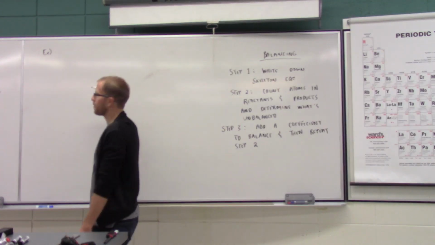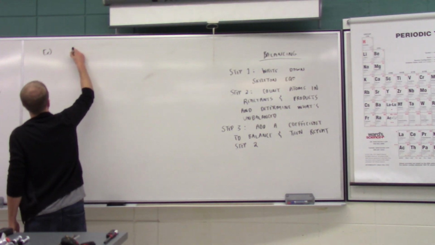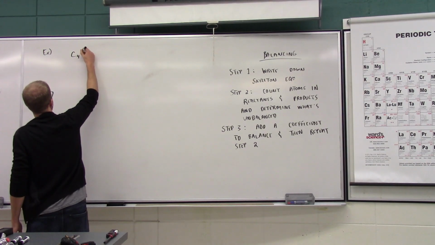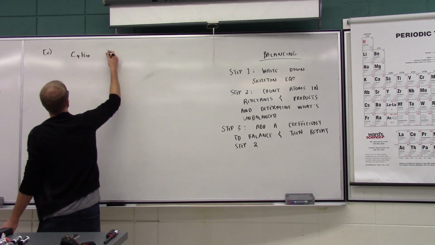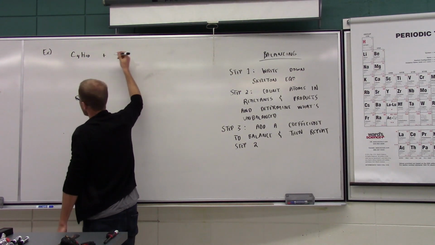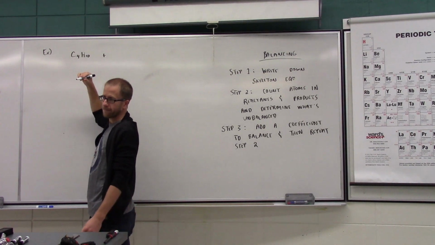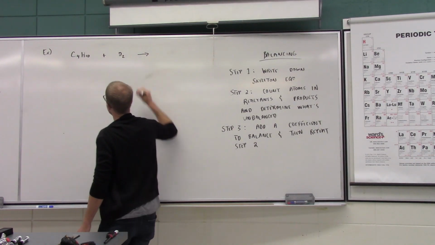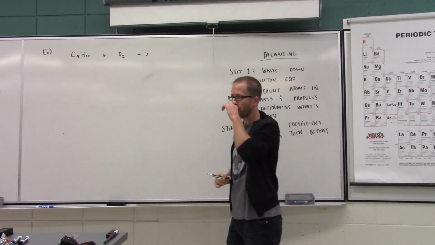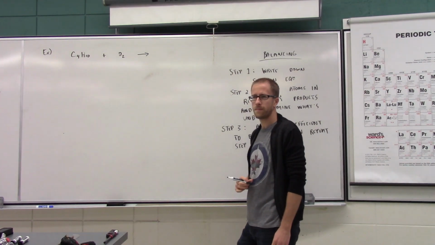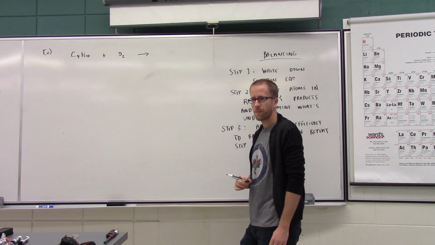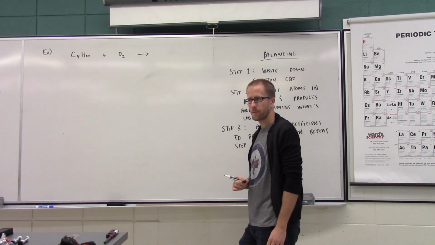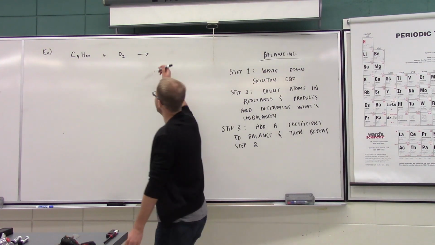What is the chemical formula for butane? Do you guys remember? It's fine. C4H10. So butane reacts with oxygen gas, which is O2. And this is going to give you what? I'm just seeing if you guys remember from yesterday.